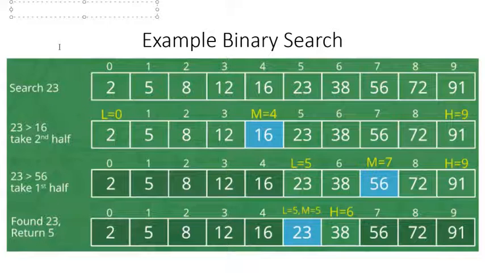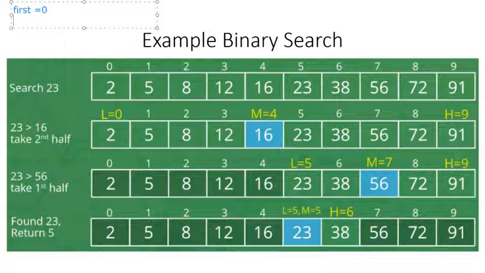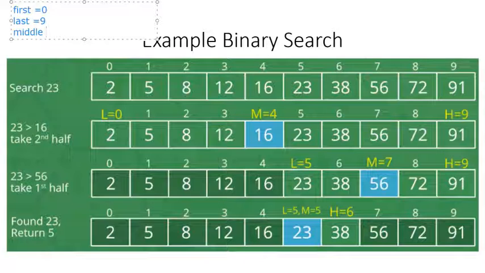So I repeat: the index of the first element is 0, the index of the last element in the list is 9, and the index of the middle element is 9 divided by 2, which is 4.